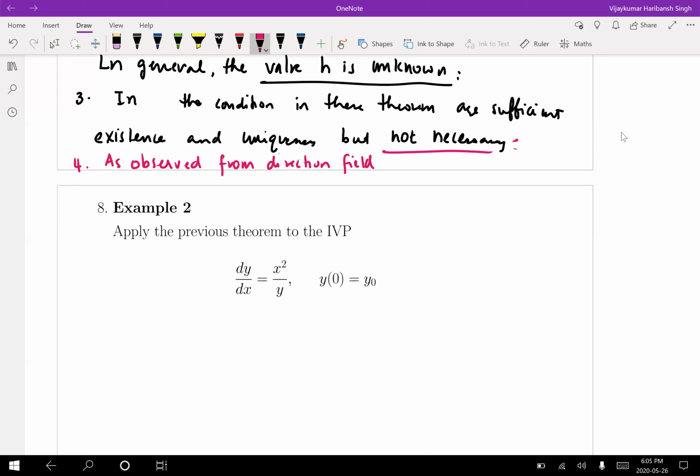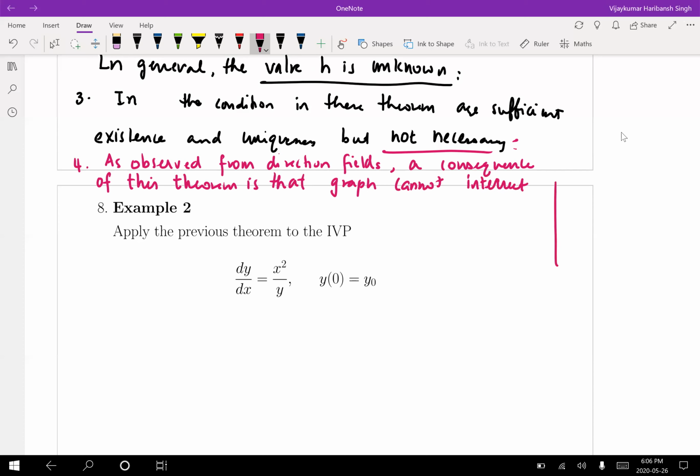As observed from direction fields, a consequence of this theorem is that the graphs of the solutions cannot intersect.